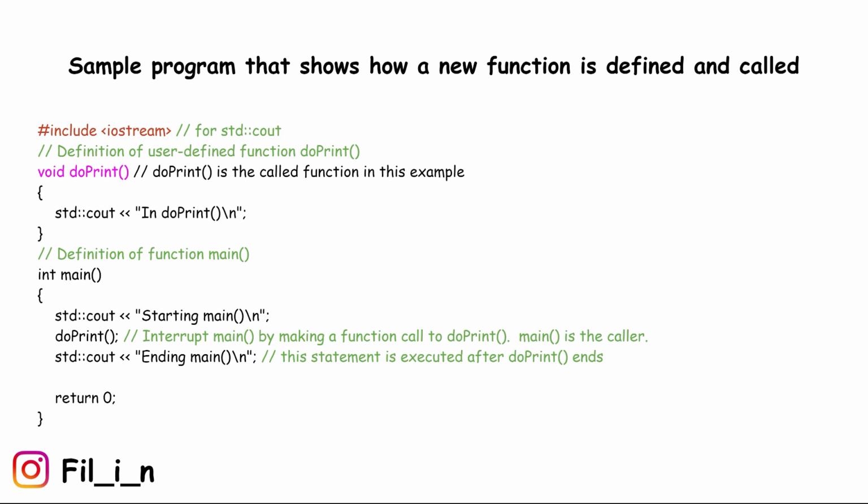Int main. std::cout "Starting main\n". doPrint() interrupts main by making a function call to doPrint. Main is the caller. std::cout "Ending main\n"; this statement is executed after doPrint ends.